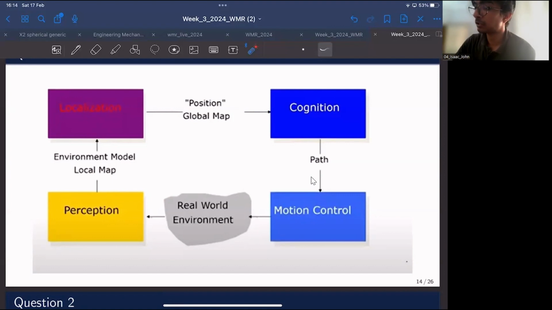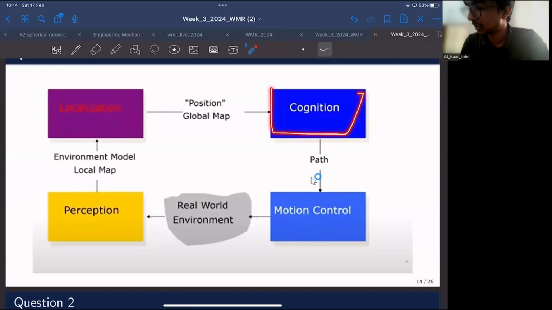That is done through the cognition stage. Once the planned path is fed to the motion control, the motion control gives the commands to the actuators, and it also makes sure that the robot stays on the path that was planned during the cognition stage.